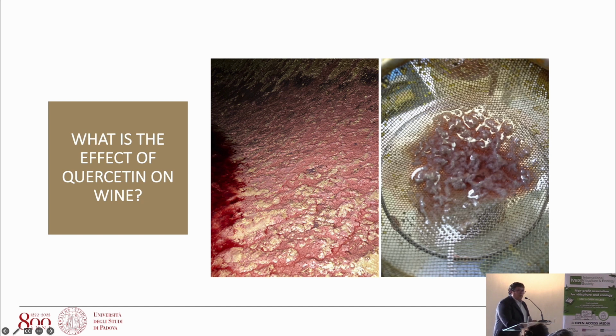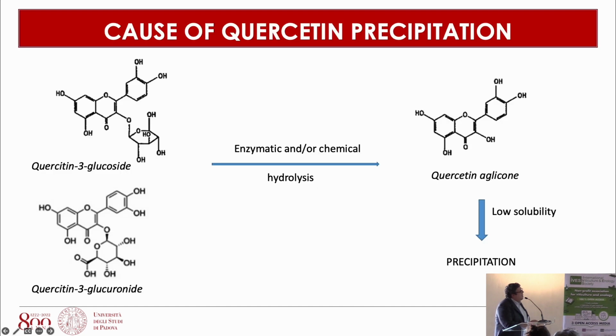And one of the problems is that the precipitation is very slow. So you can have the wine clear in your bottle, and the precipitation can happen even years after bottling. What is the reason for precipitation?